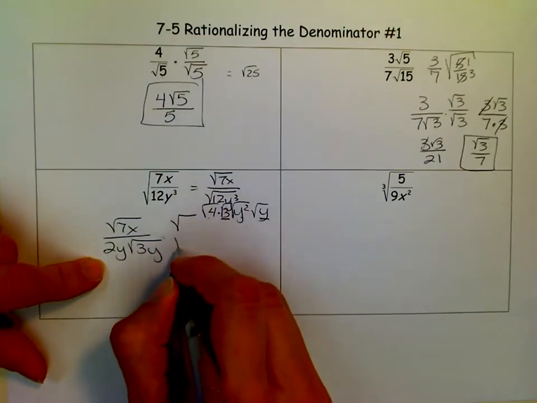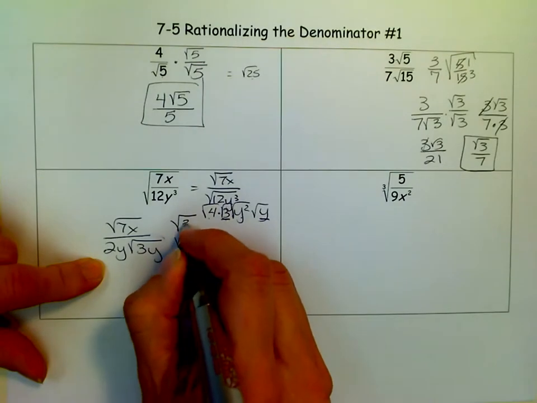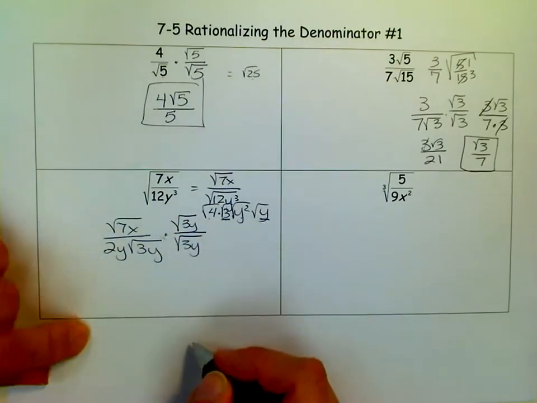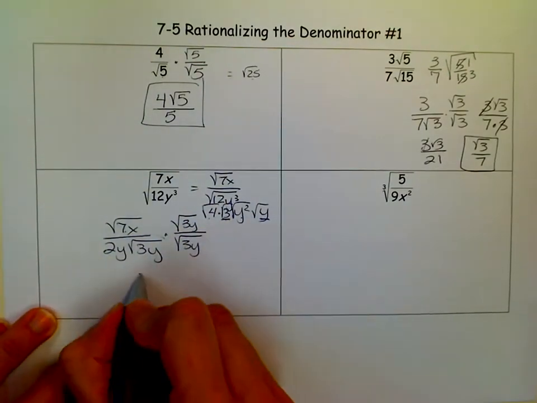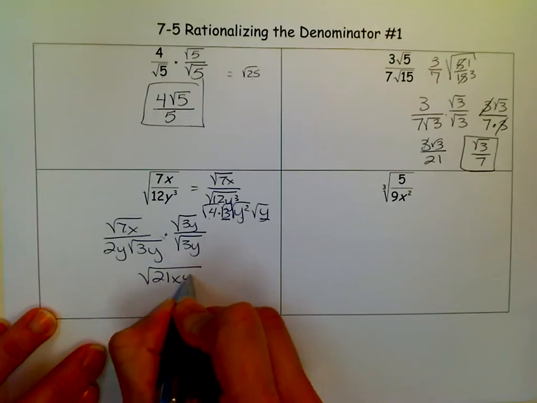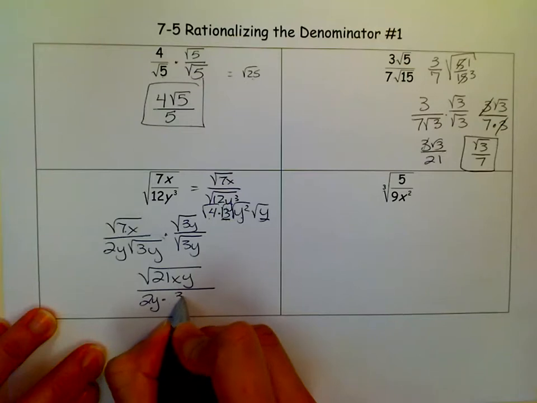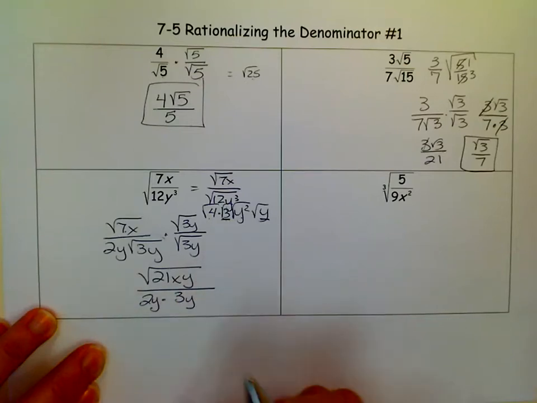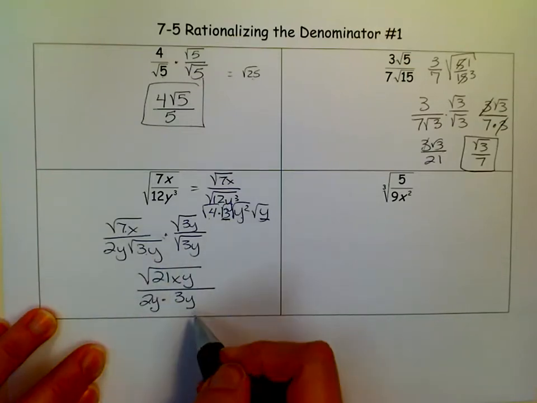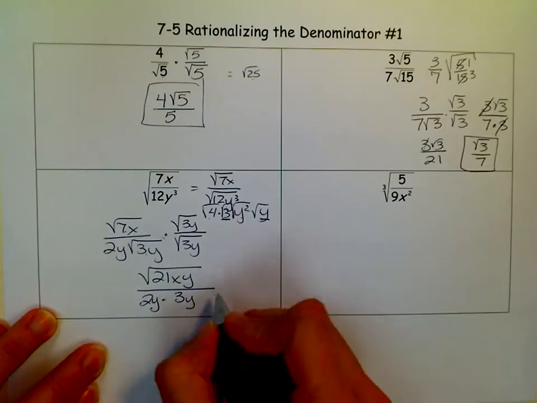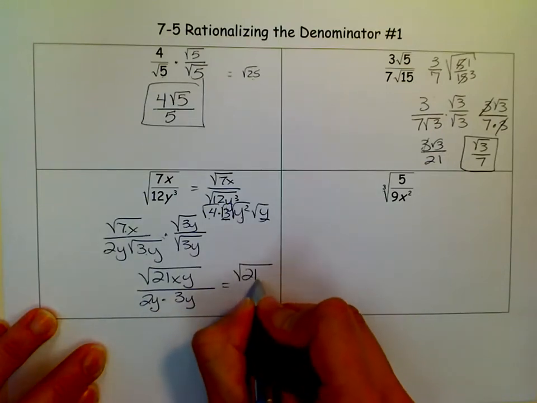And then I realize that I only need to get rid of this part. So I'm going to multiply by the square root of 3y over the square root of 3y. So inside times inside, so in the top I have 21xy, in the bottom I have 2y times 3y, because the square root of 3y times the square root of 3y is 3y. So I need to simplify that a little bit, but the top stays the same.